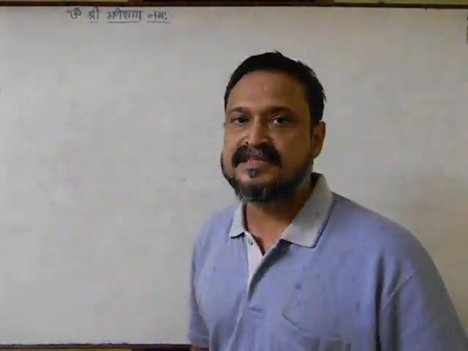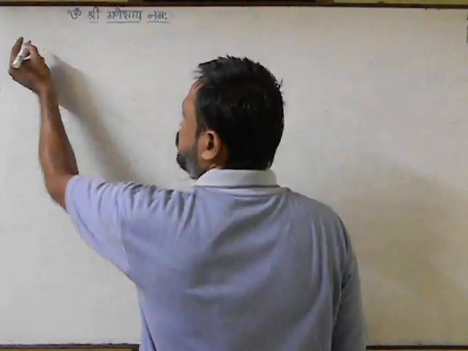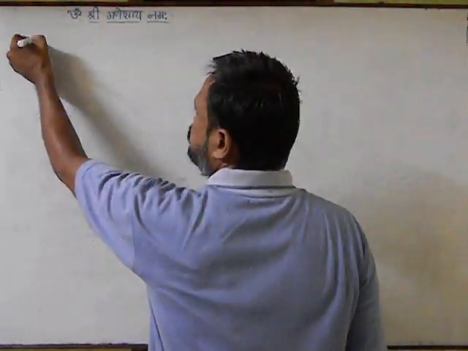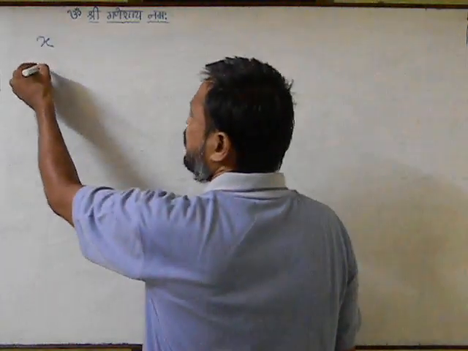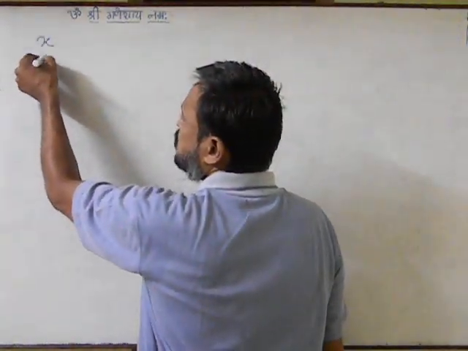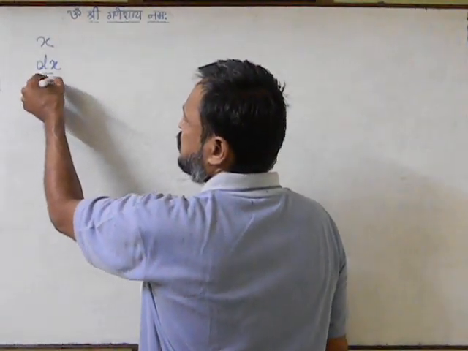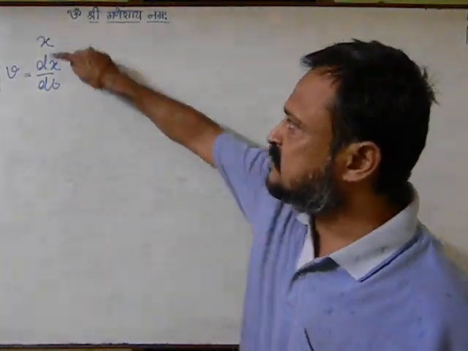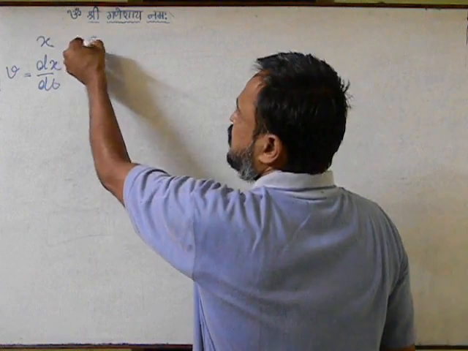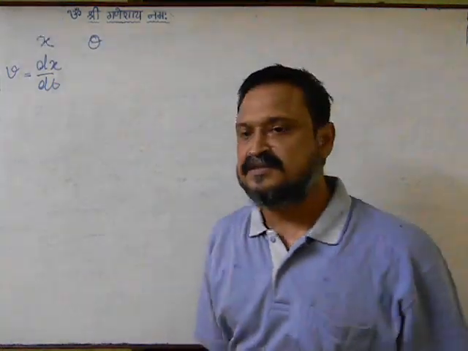Now, as in the first phase, we have understood the motion, which is the displacement, and the rate of change of displacement as dx by dt, which we are calling velocity. Now this is linear motion, and angular motion will be theta.